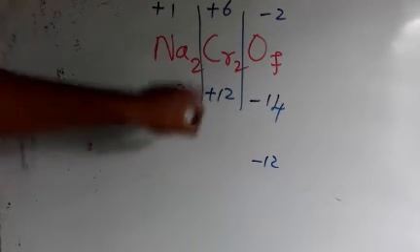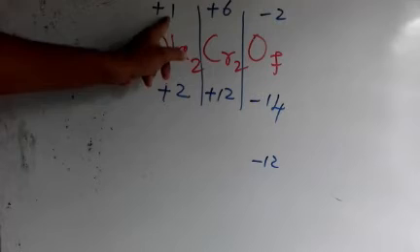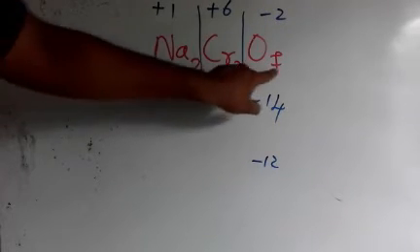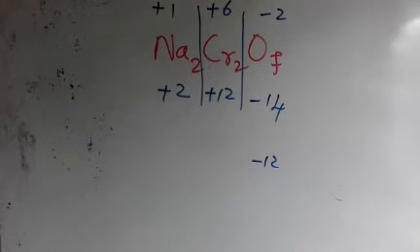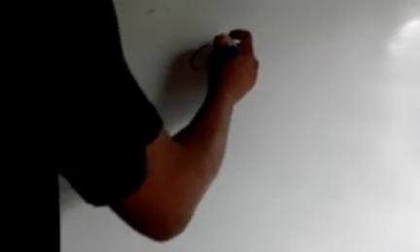The sum of the oxidation numbers is taken from this, not from these, right? You have to multiply by the number of atoms, 2. The rule says the sum of the oxidation numbers in an ion is equal to the charge of the ion. Now look at this: take the carbonate ion.